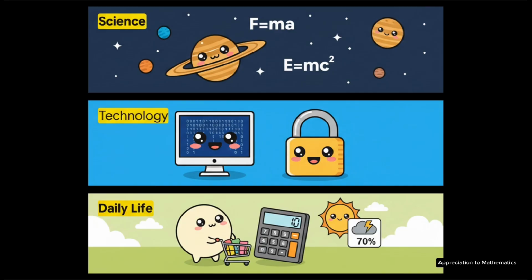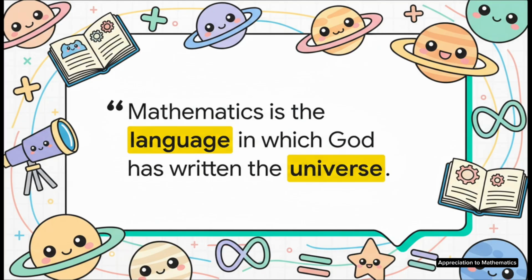And yeah, we all speak it in our daily lives, every time we make a budget, check the weather, or just try to make sense of the news. And you know, this is not a new idea. Hundreds of years ago, the great astronomer Galileo Galilei put it just perfectly. He saw the universe not as some big, chaotic mystery, but as a book written in the language of mathematics, just waiting for us to learn how to read it.